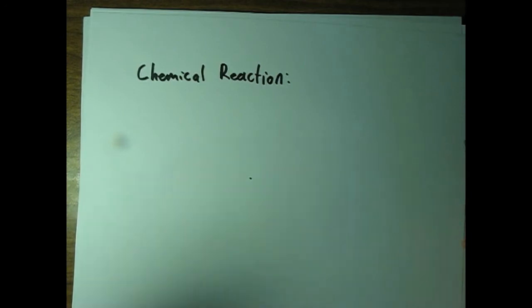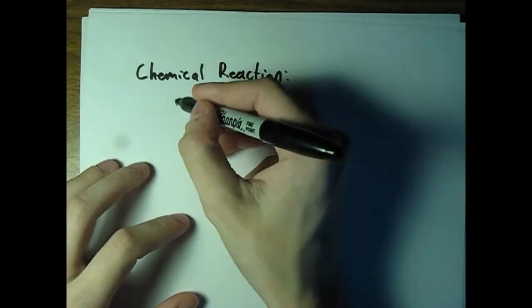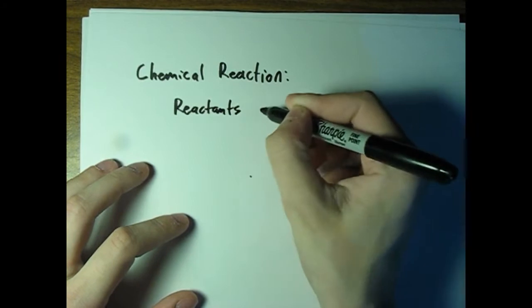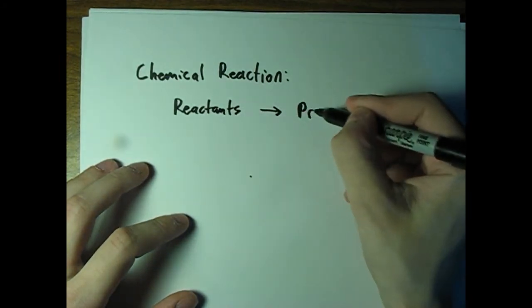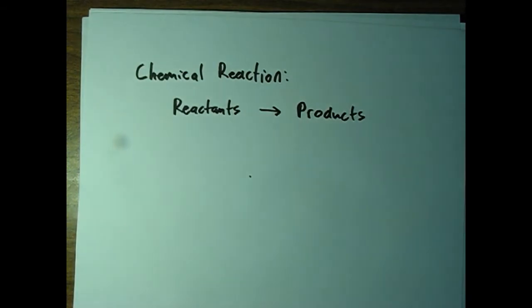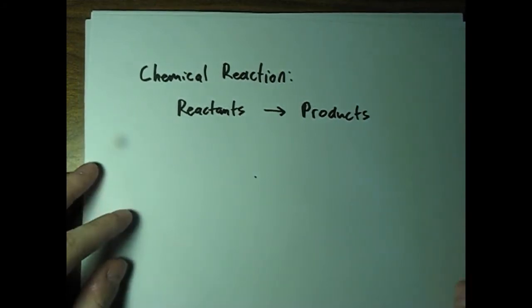So basically, it takes reactants and turns them into products. So, a chemical equation is usually how we will depict a chemical reaction, and it's just a symbolic representation. So I'll just give an example here.